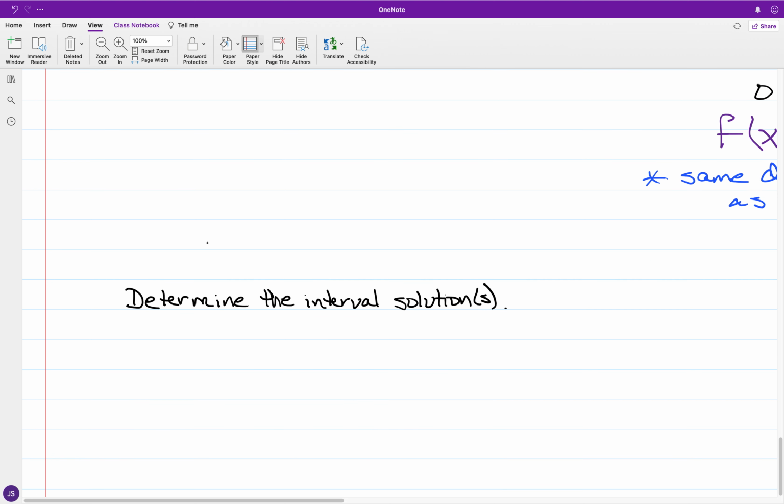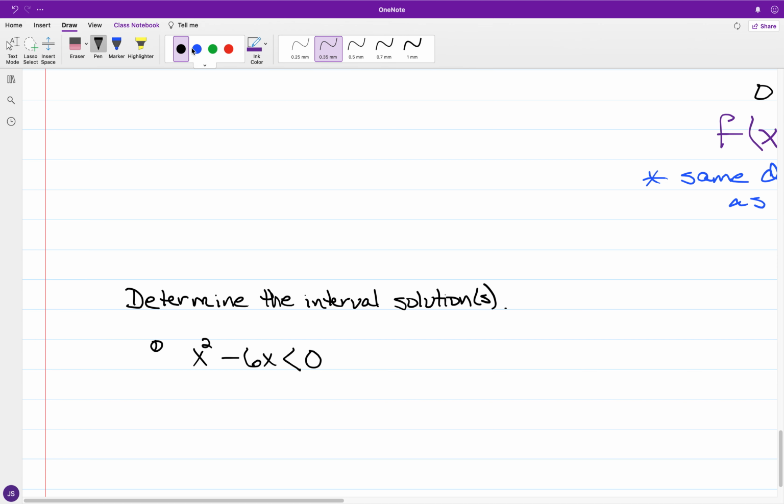We'll start out with just a comparison to 0 inequality. Now say we have x squared minus 6x is less than 0.